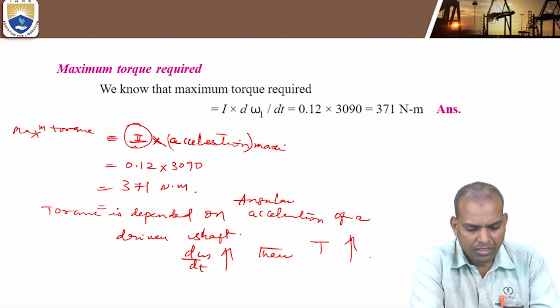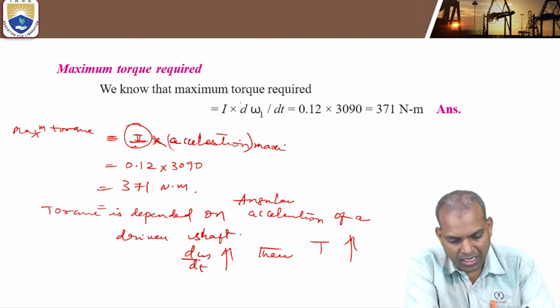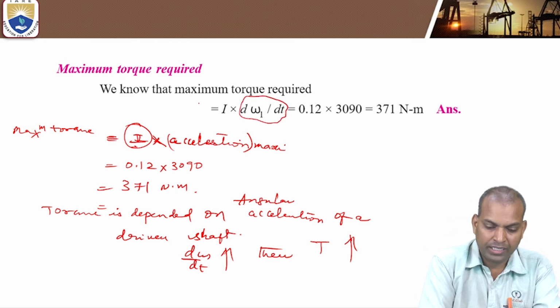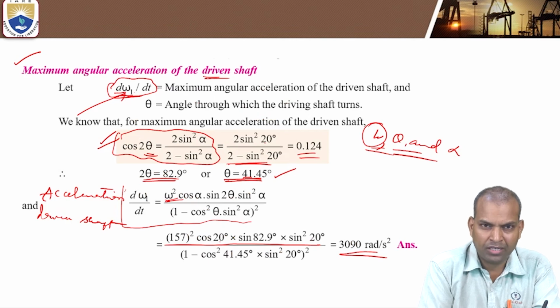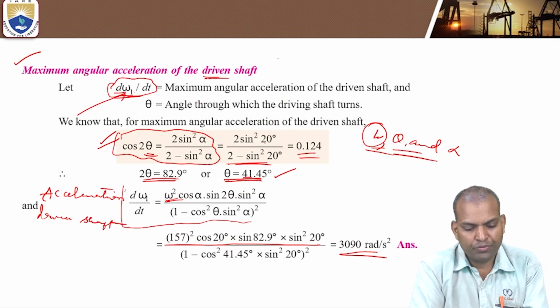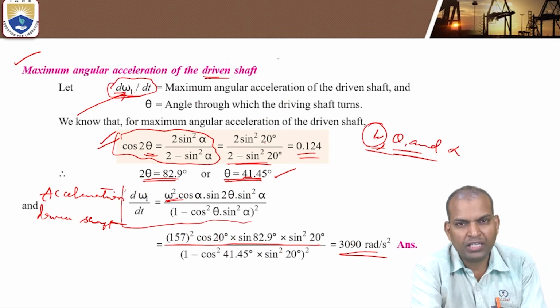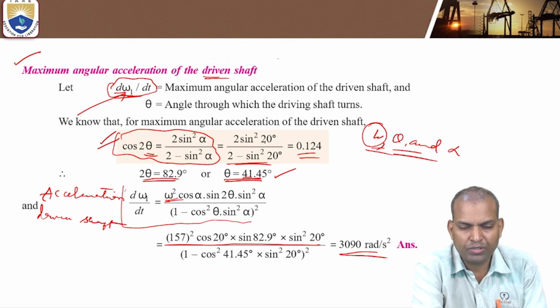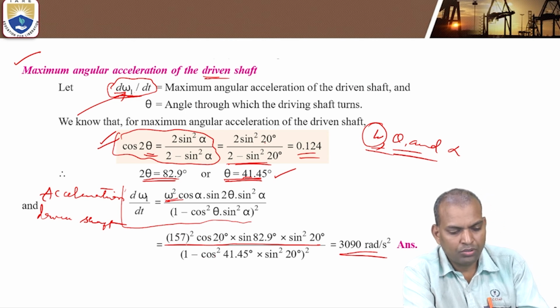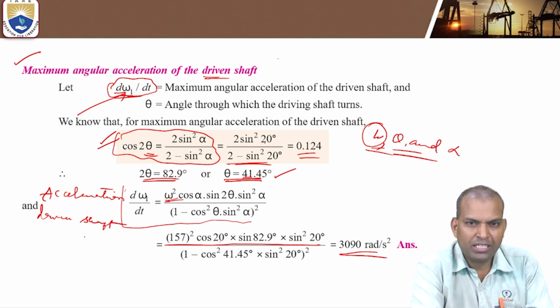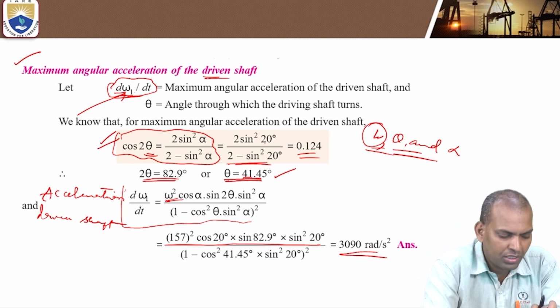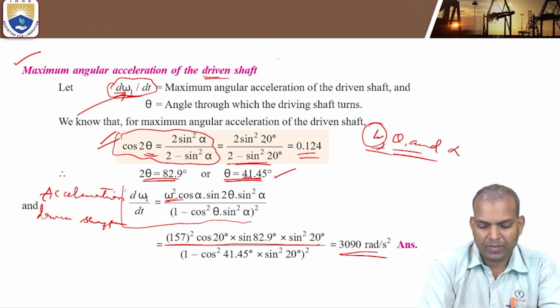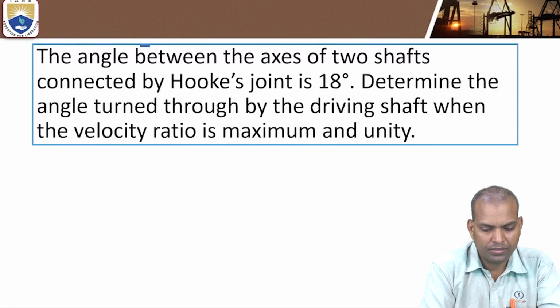So the angular acceleration of the driven shaft is interdependent, and depends on the angle of inclination of the shaft between the two axes. That's why the torque is maximum when the angular acceleration of the driven shaft is maximum. That is the conclusion here.